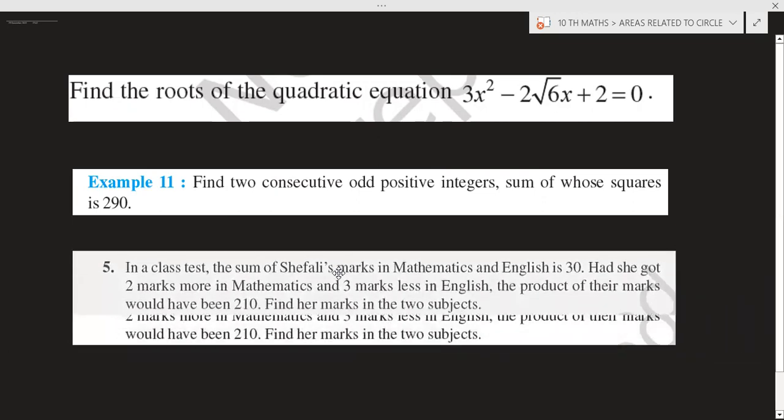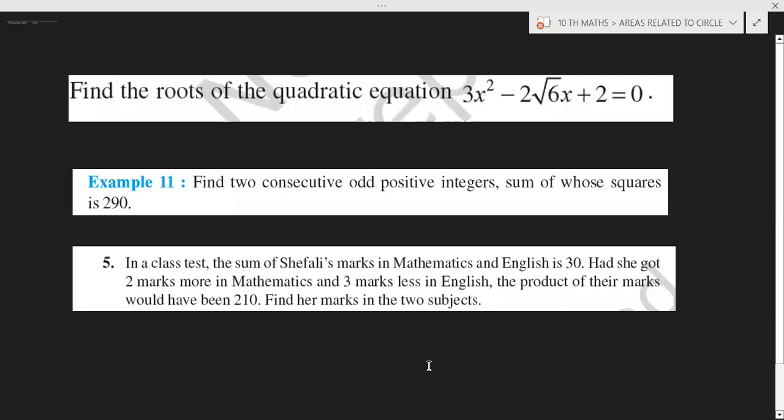These three questions, try to solve by yourself, and then we will start the areas related to circle.